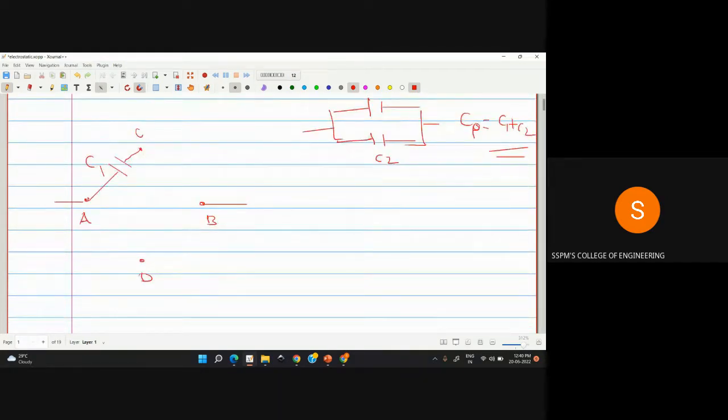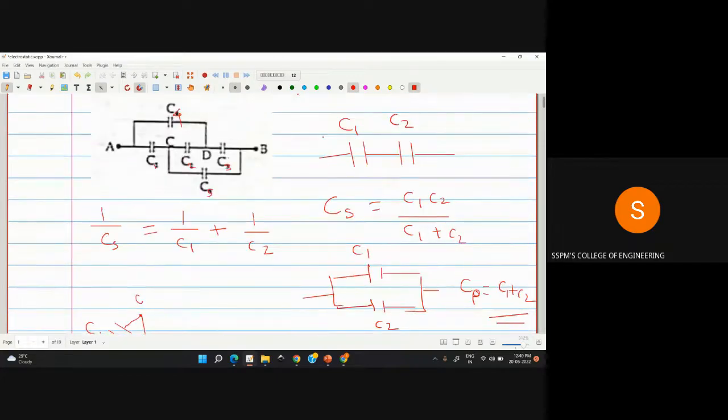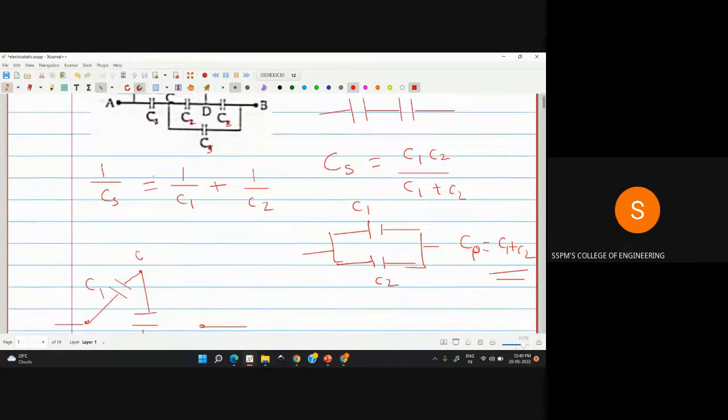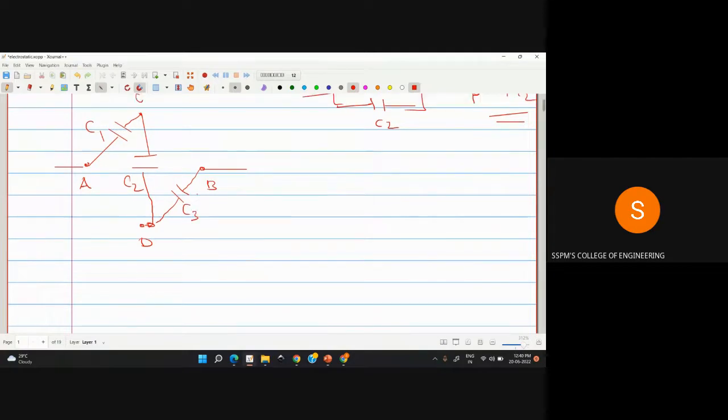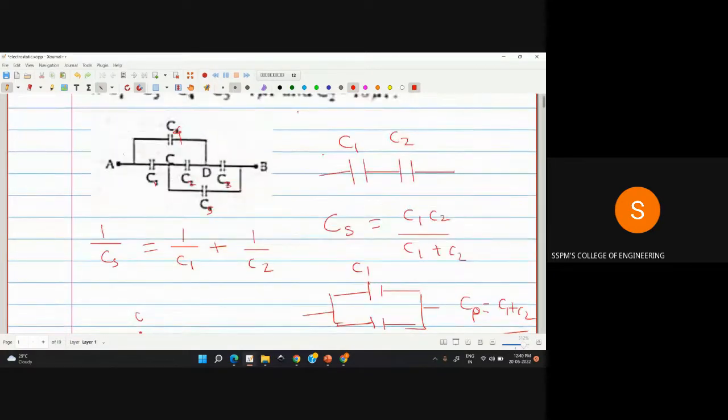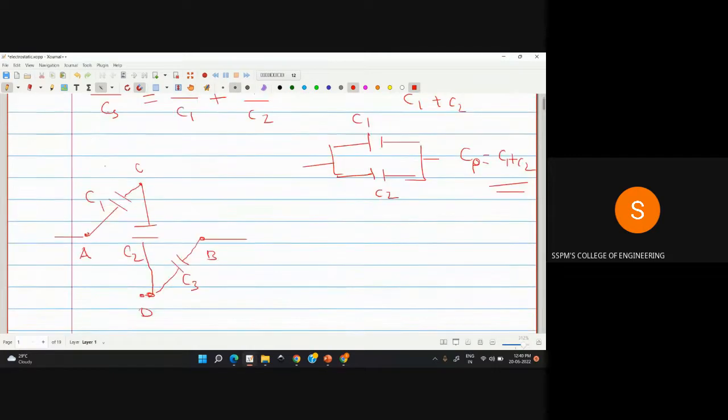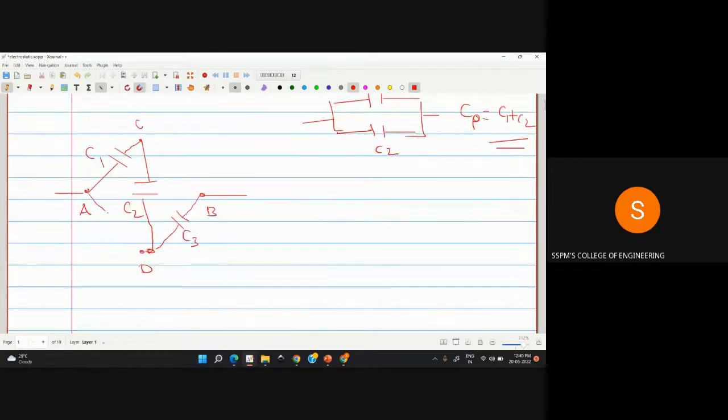So C2 is connected between C and D, isn't it? त्याच्यानंतर नेक्स्ट C3 is connected between D and B. नंतर C4 कुठे आहे बघा? A आणि D मध्ये आहे. हा C4 आहे. आणि लास्ट C5 कुठे आहे? C आणि B मध्ये आहे.